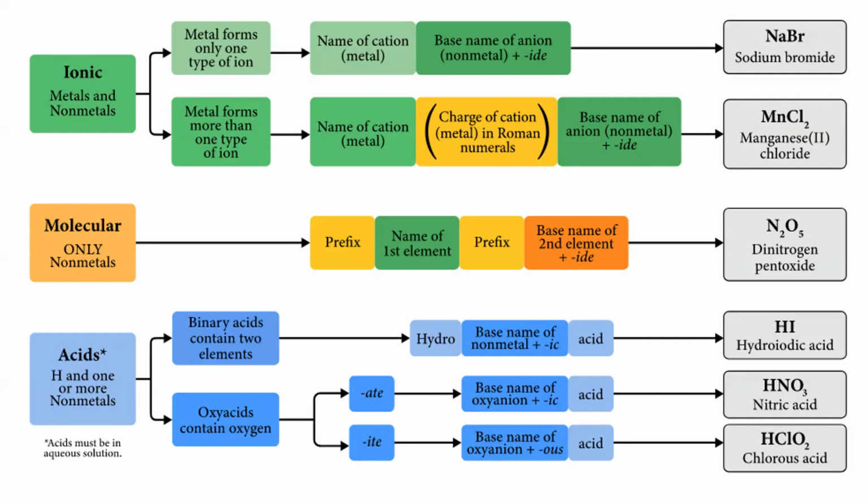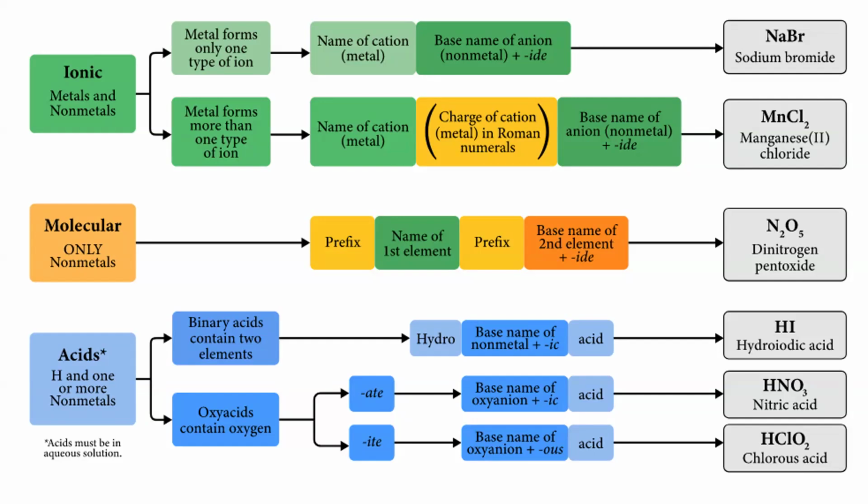And the way we name these, instead of just saying hydrogen nitrate, for whatever reason, they decided to keep a totally different naming system for acids. Instead of saying hydrogen nitrate, you go off of what the suffix is on your polyatomic ion or your anion. So if it ends in ate, you drop the ate and you just put ic.